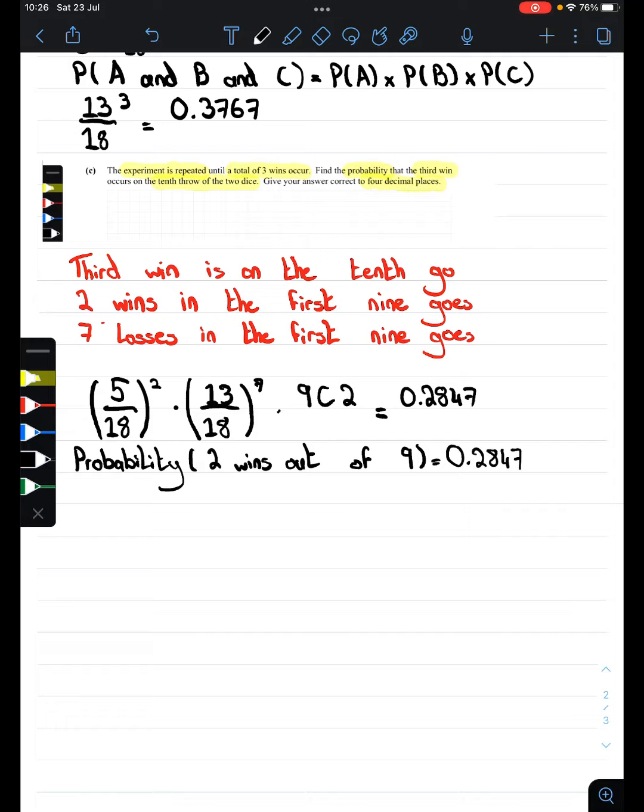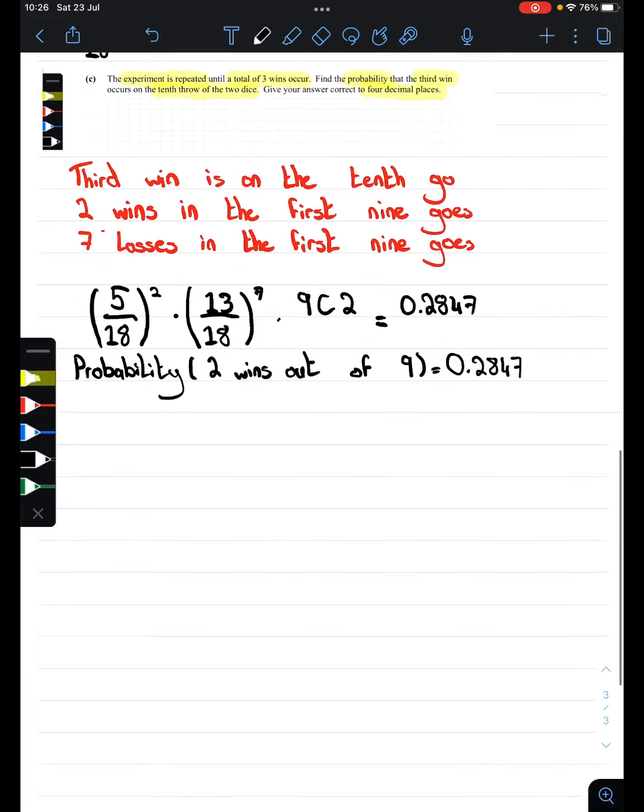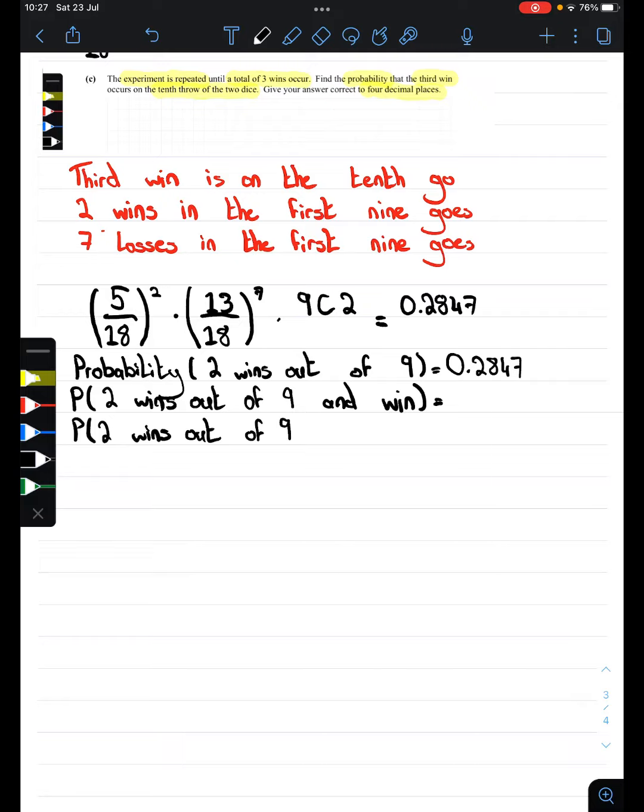And then we have to win the next one. So we have to get 2 wins out of 9, and then we have to win. And these things are independent. So we're looking for the probability of 2 wins out of 9 and a win on the next go. Since these are independent, we can just go probability of 2 wins out of 9 by the probability of a win.